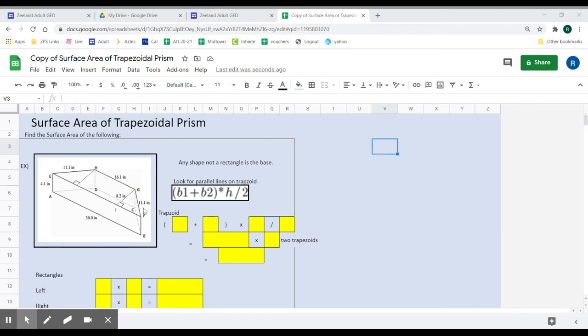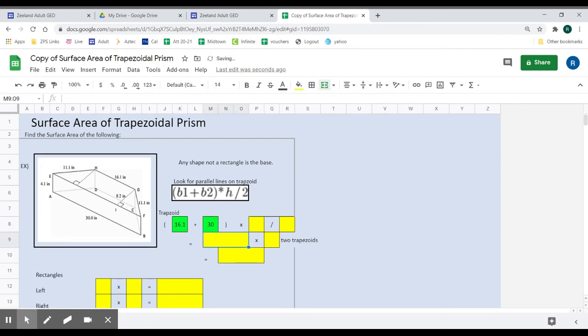All right, in this problem, looking at the trapezoid, your two bases, base 1 plus base 2, times the height, divided by 2, is your formula for the area of a trapezoid. So looking at your two bases, this one is 16.1, and going across here, which is the same as going across at the bottom here, is going to be 30.